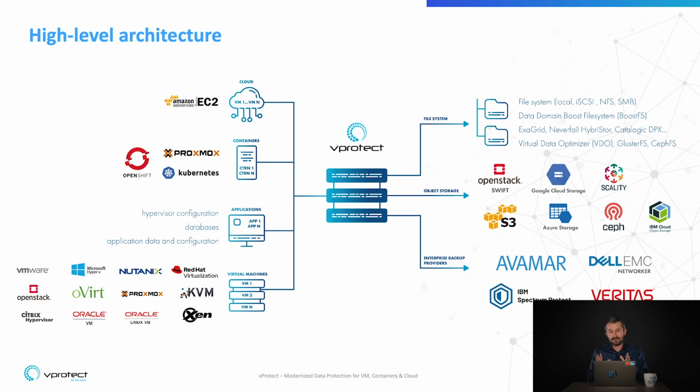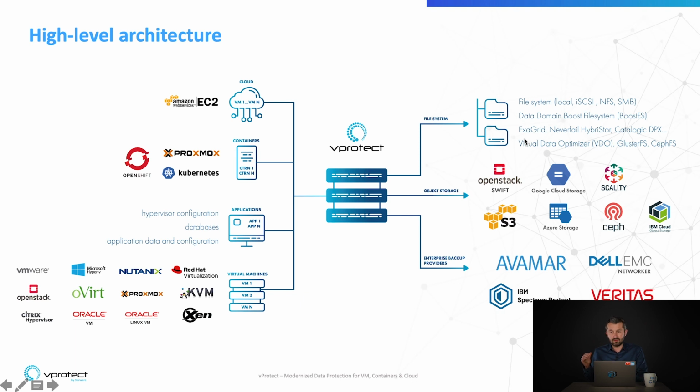High-level architecture here. On the left, of course, we are interested in Nutanix Acropolis, but as I mentioned, there are other source workloads that we are able to protect. On the right, this is what we call freedom of choice. You can start sending your data into a file system.